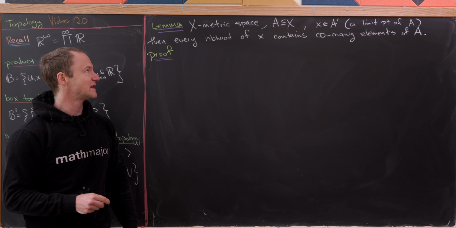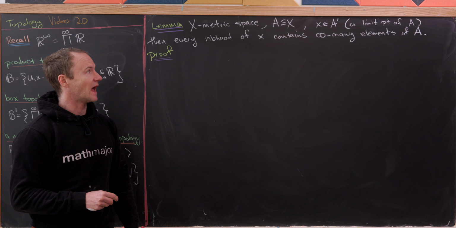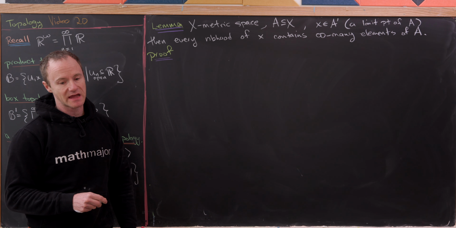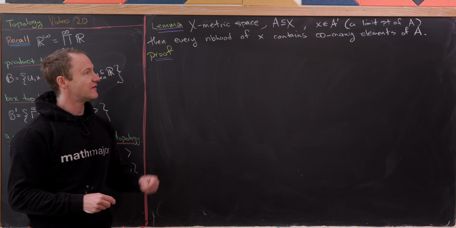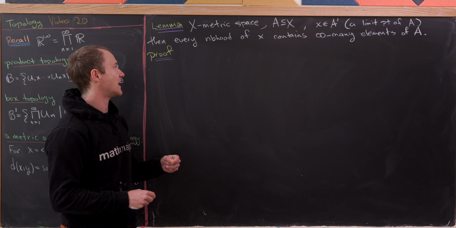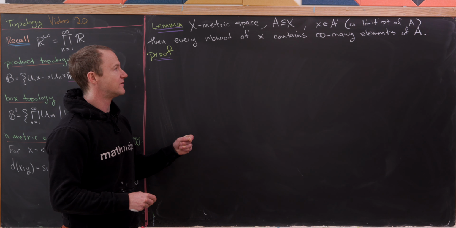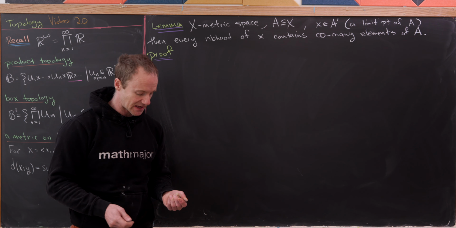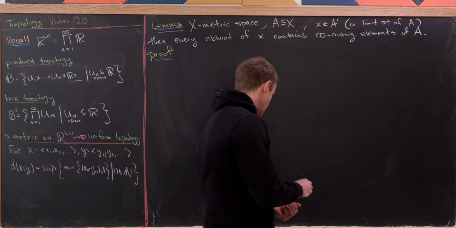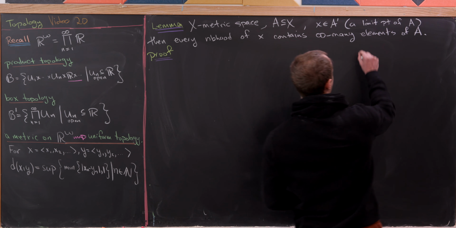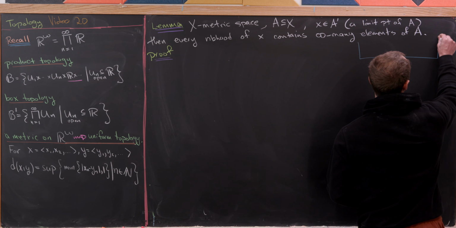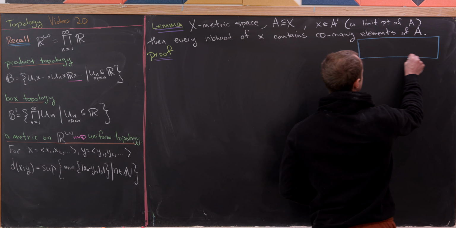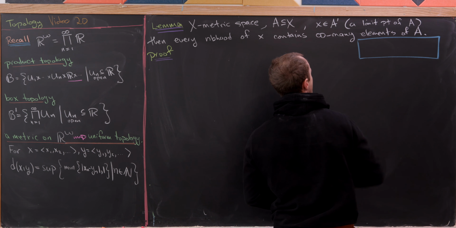So let's say we've got a metric space X, and we've got a subset A of X. Then if x is a limit point of A, then every neighborhood of x contains infinitely many elements of A.